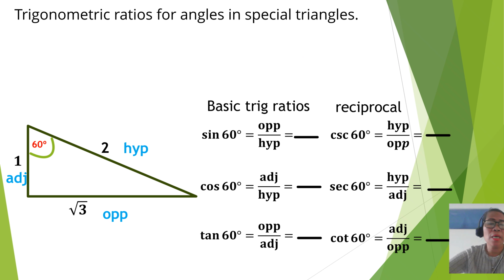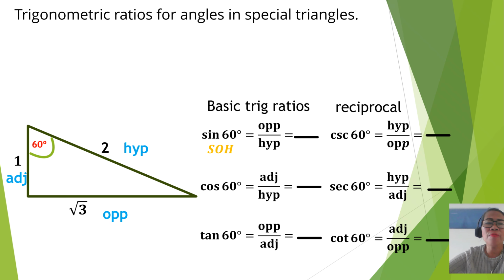Okay, so to proceed, we are going to have now the 60 degrees angle and the basic trigonometric ratios and the reciprocal trigonometric ratios of the angle 60 degrees. First, we are going to get the sine function. The sine is opposite over hypotenuse.